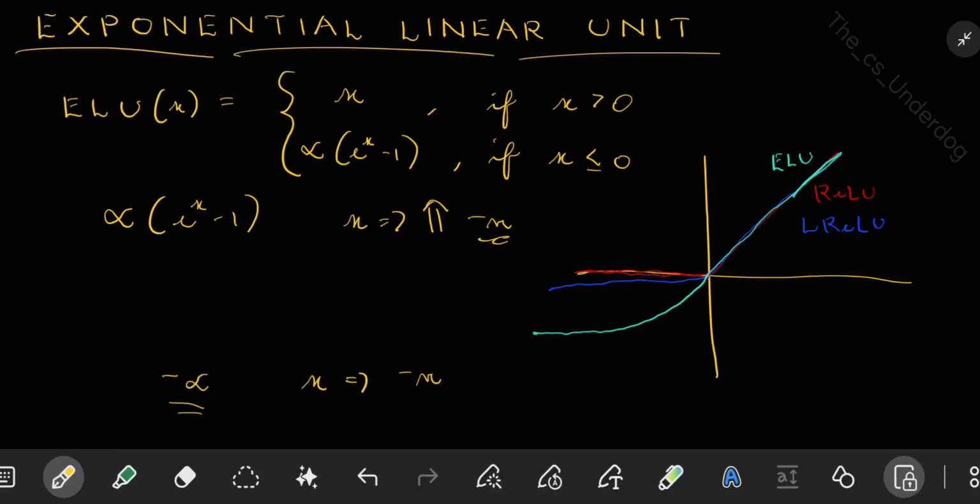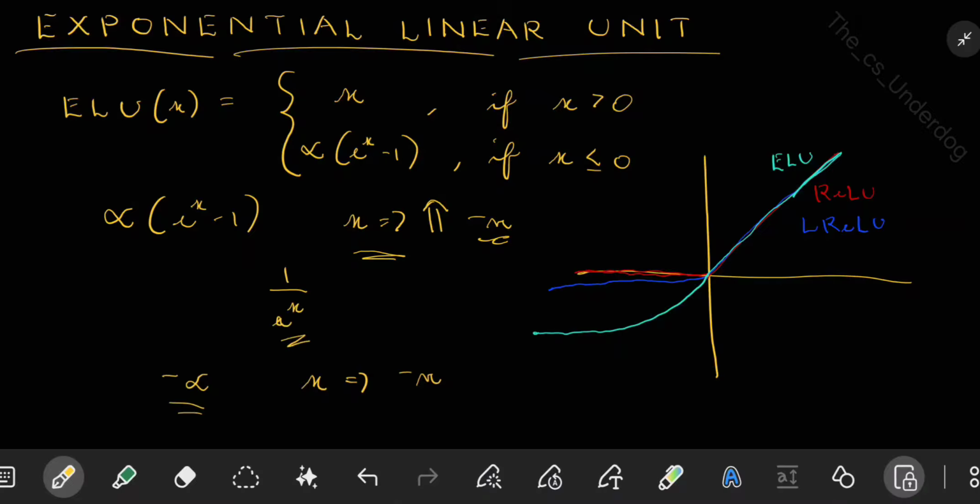If your value of x is a very large negative number, then e power x will be like 1 by e power x, where x is a very large positive number. Here you have a negative value of x, which is like 1 by e power x, where you take the positive part of x.